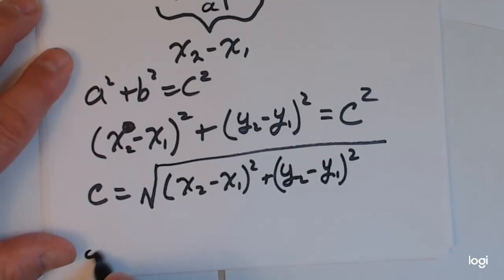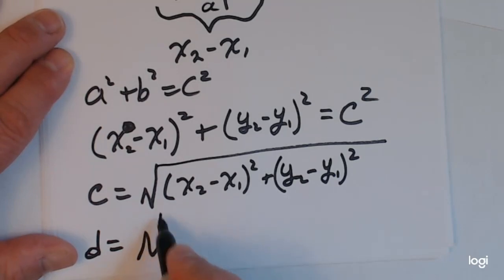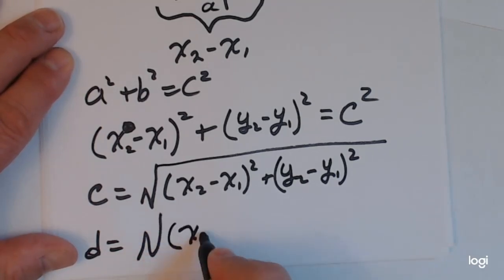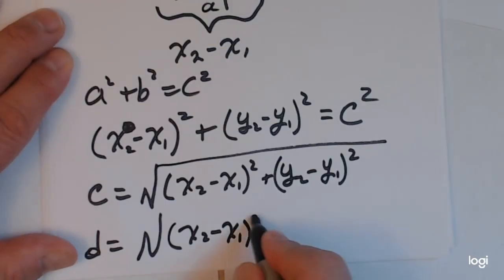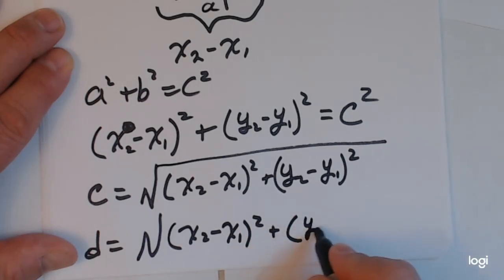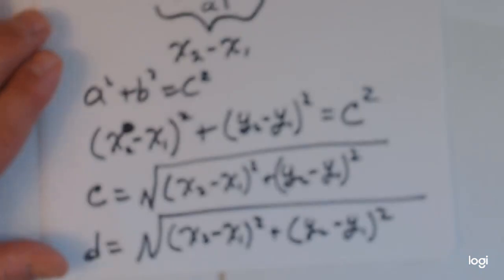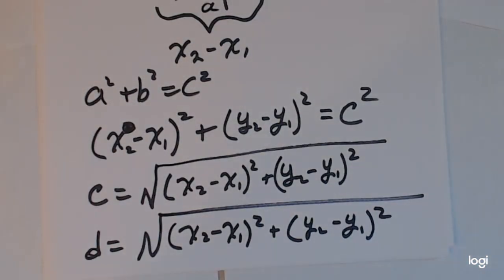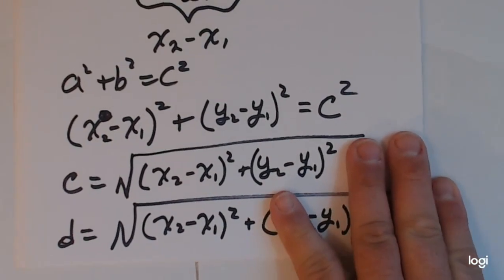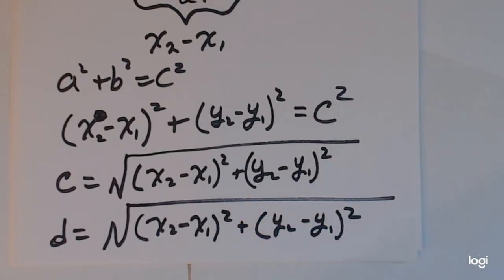We already saw that the distance formula is the square root of x sub 2 minus x sub 1 squared plus y sub 2 minus y sub 1 squared. So that's where the distance formula comes from. The distance formula is nothing more than the Pythagorean theorem.